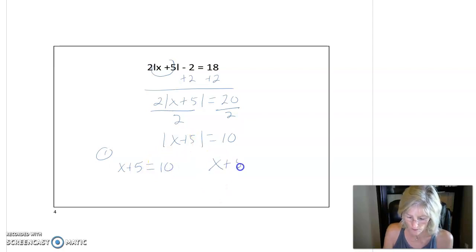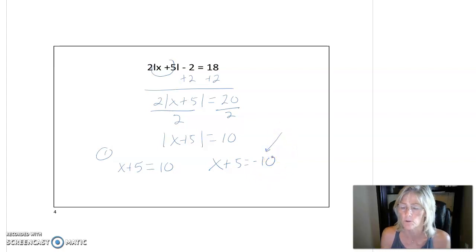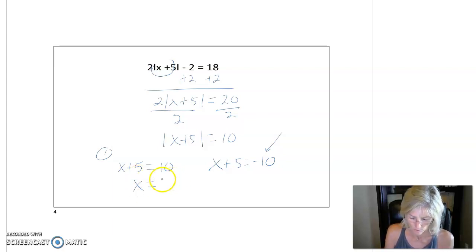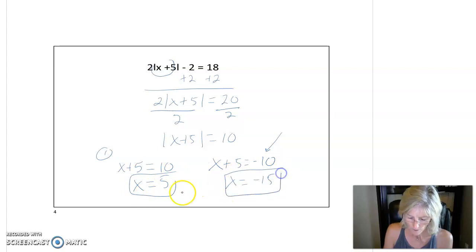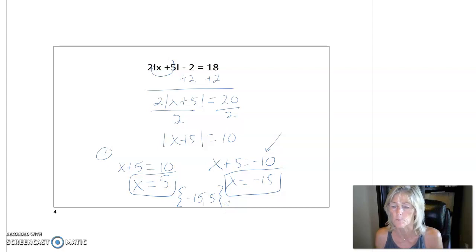The second one is x plus 5 equals -10. That's the only thing you change. You don't change any other sign. And now I'm going to solve. X equals 5. X equals -15. So the two numbers will be -15 and 5. And if you notice, your book will always put the smallest number first.